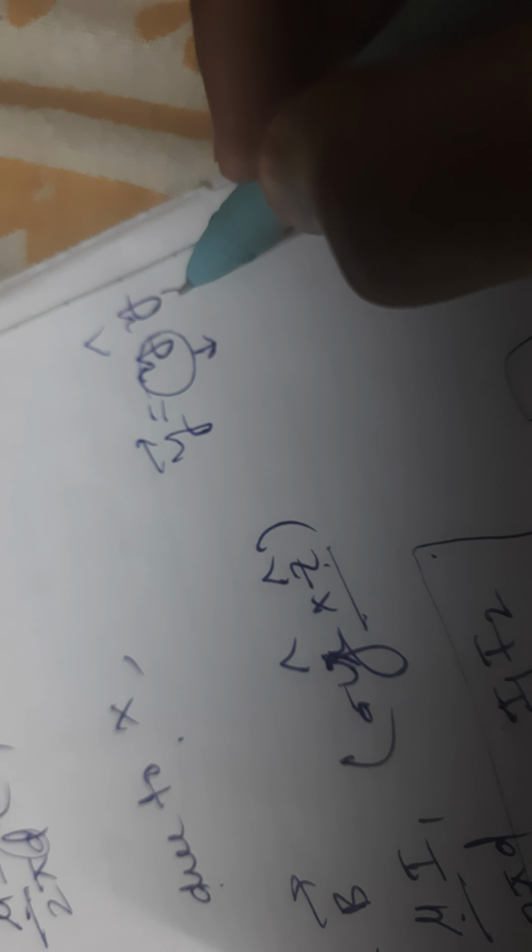This is our formula for force. But we are measuring force per unit length, which is mu naught by 2 pi d I1 I2. I also forgot to mention that Y vector equals Y cap, because Y is the magnitude and this is the direction.